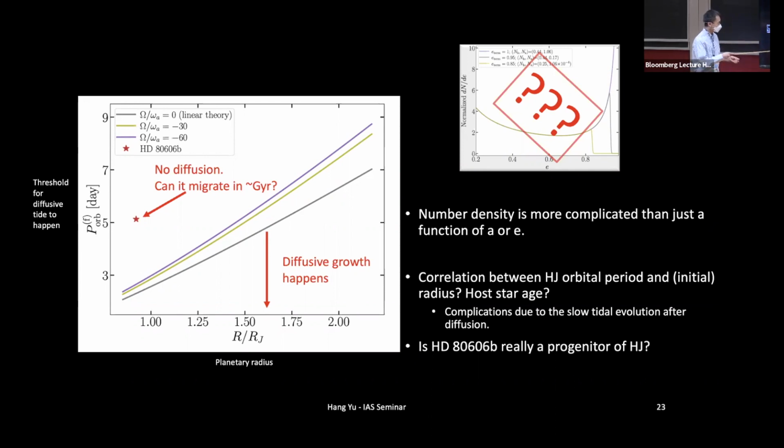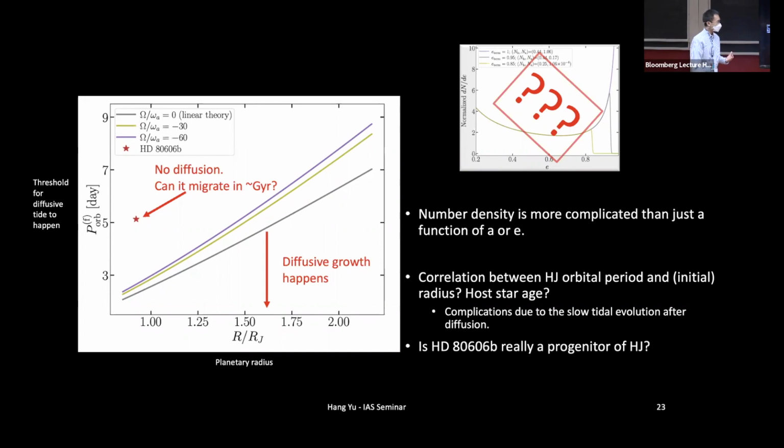Because of this, it might suggest that there will be some correlation between, for example, the final orbital separation and the planetary radius, and because the Jupiter contracts, this radius can also be an approximation for the star's age, things like that.